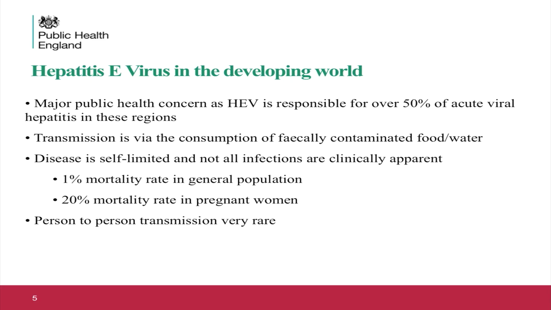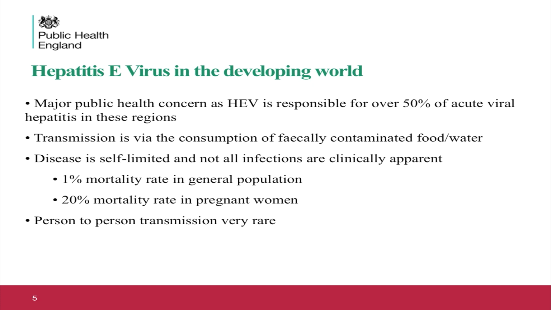So certainly in the developing world, up to this day, hepatitis E remains a major public health concern. It's responsible for over 50% of acute viral hepatitis throughout these regions. Transmission is through the consumption of fecally contaminated food and water, and is really associated with a breakdown or poor infrastructure, in particular in dealing with human sewage.